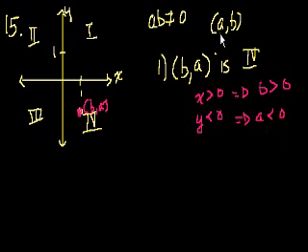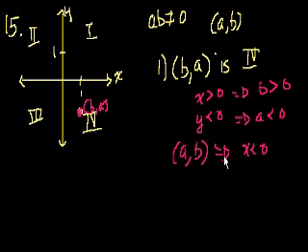So if we talk about the point A comma B, now A is the x coordinate, so x is less than 0, and B is the y coordinate, so y is greater than 0. So A comma B is going to have to be over here, in quadrant 2.